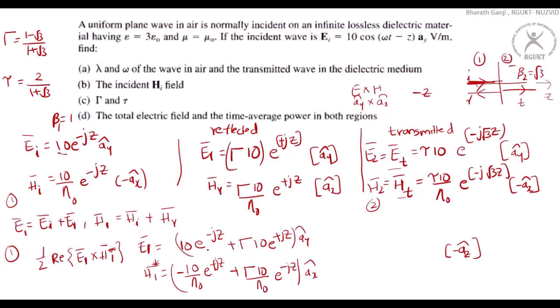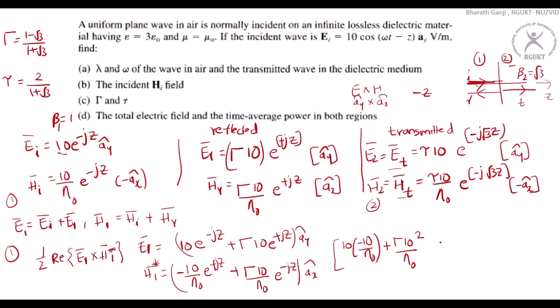If I multiply these two factors, I get 10 into minus 10 by eta naught, plus tau times 10 square divided by eta naught. It's a big expression, let me write it.